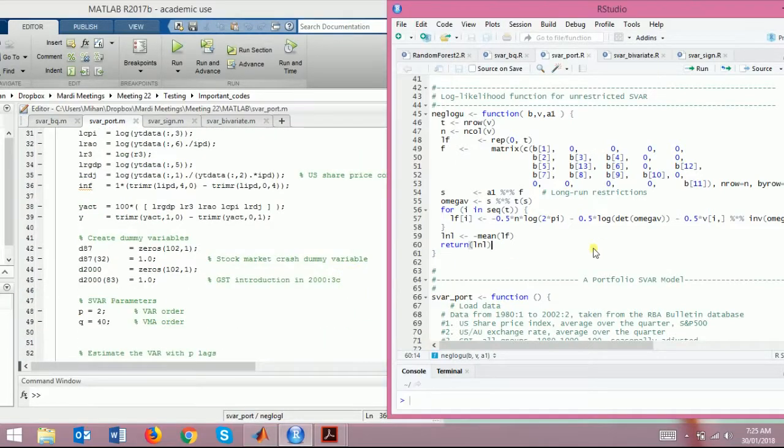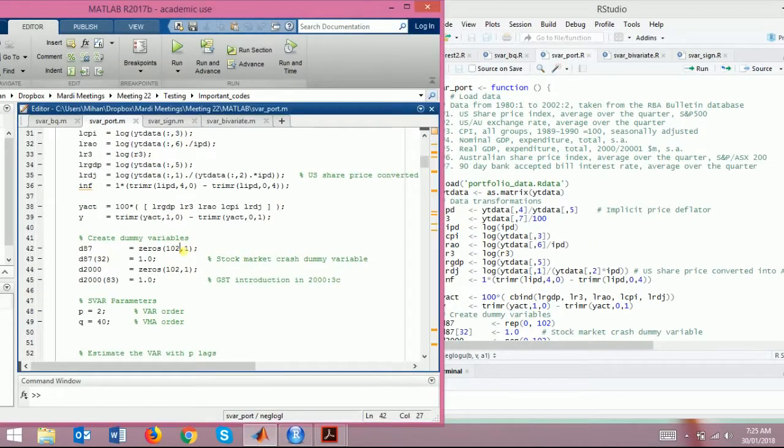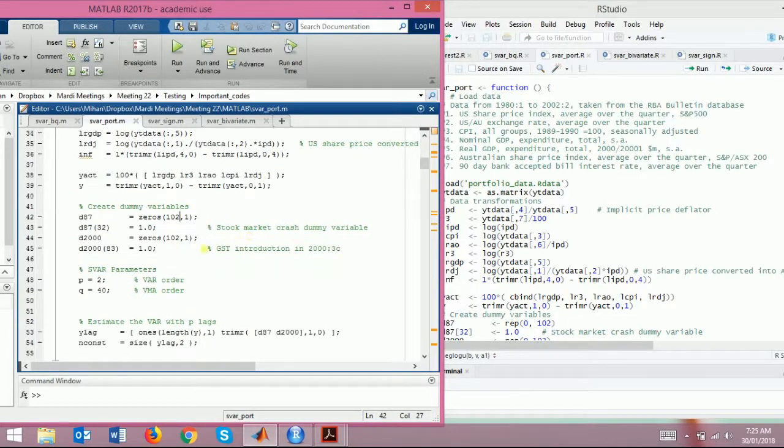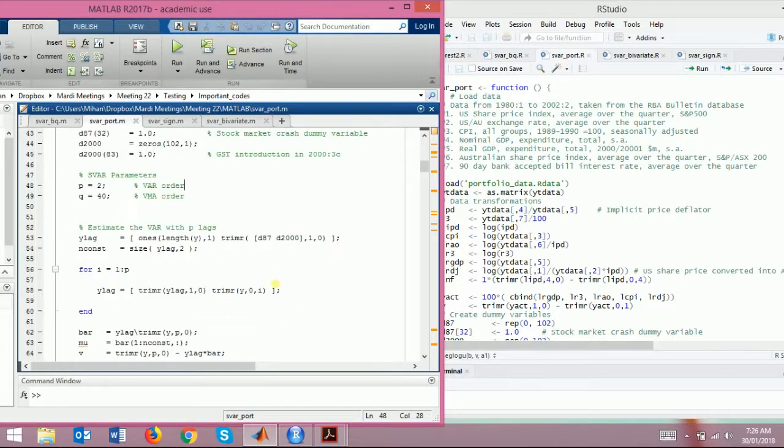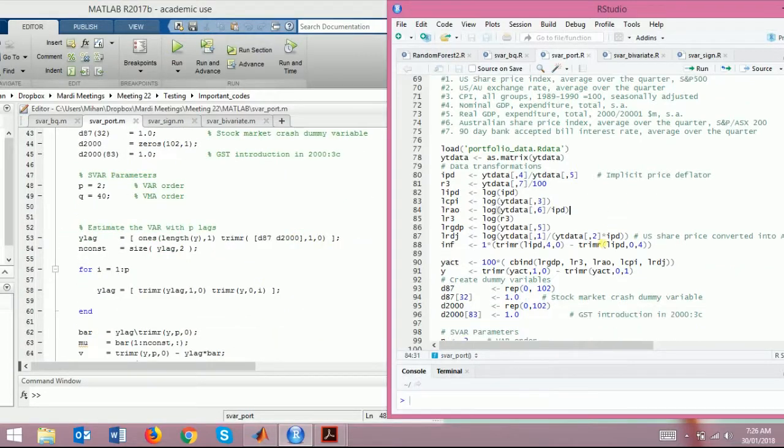We go back to the actual code. We bring in the data, create the matrix, create dummy variables, stock market crash, DST introduced, M variables, zeros, 102 rows, 1 column, and then we do the regular.